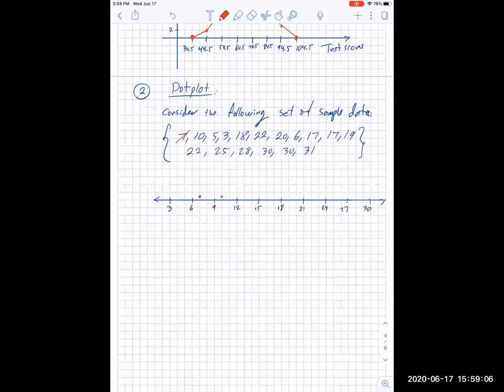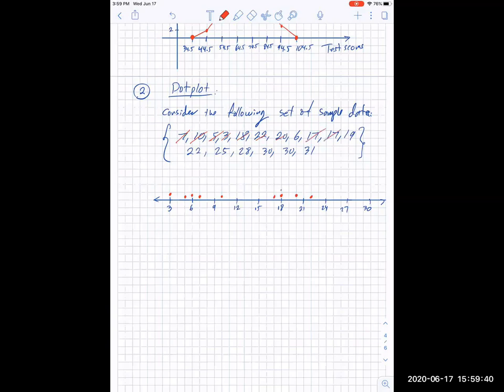So we did the 7, we did the 10, 5, 3, 18, 22, 20, 6, 17, 17 again. Now we have noticed we have two 17s here.